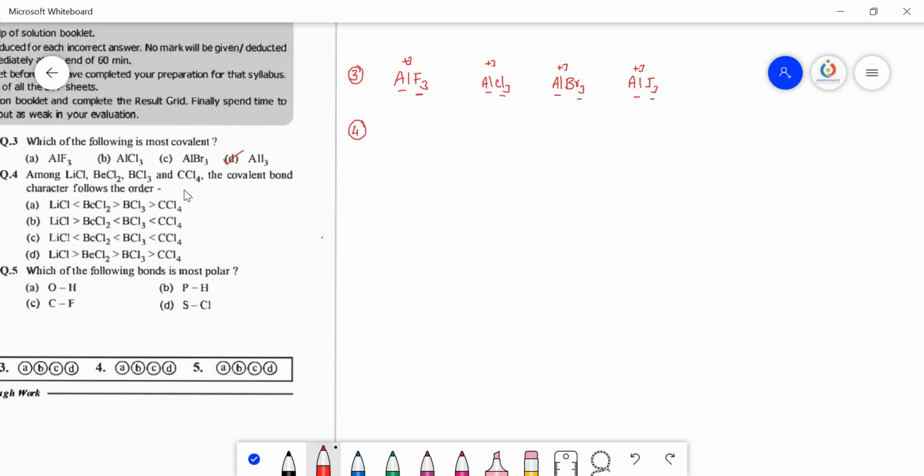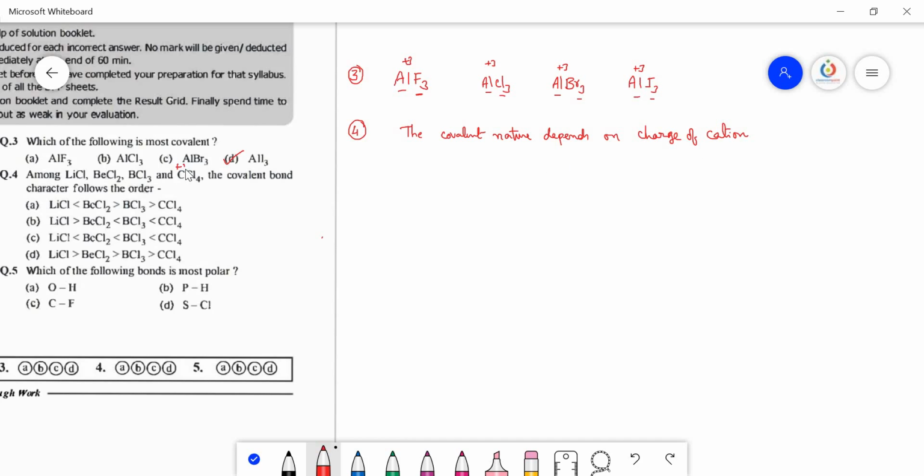It is very simple: the covalent character depends on the charge of the cation. Actually it is directly proportional to the charge of the cation. So more the charge on the cation, more will be the covalent nature.